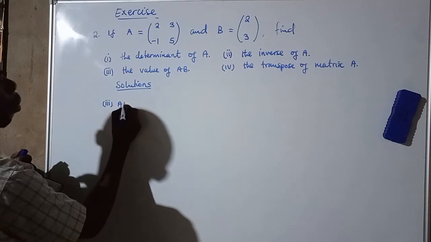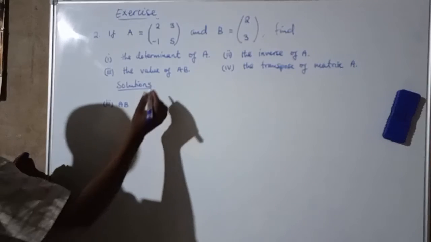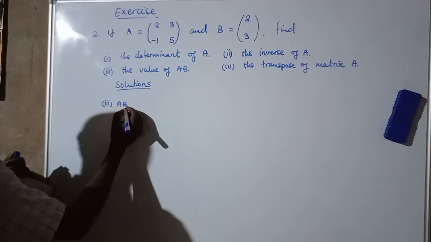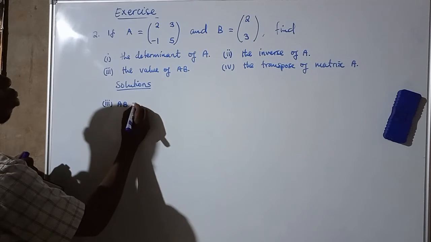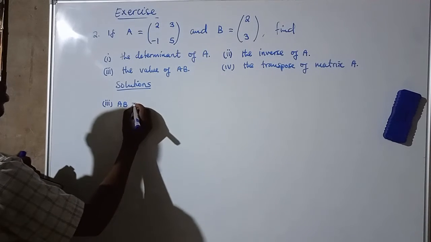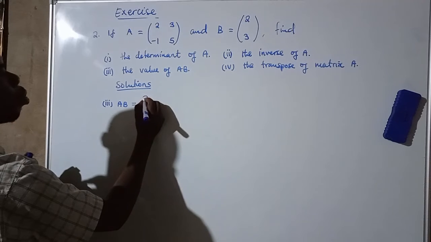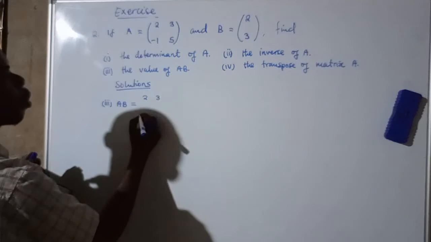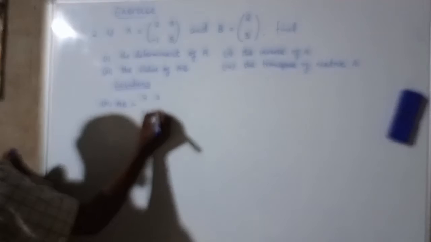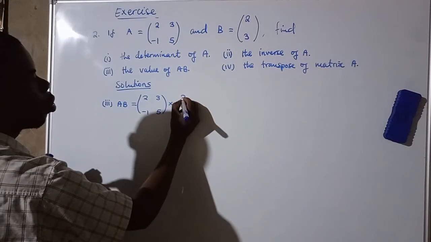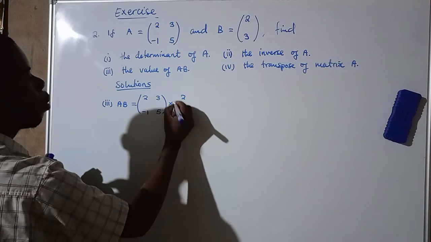So AB means we are multiplying matrix A and matrix B. So this one is equal to, matrix A is this one, we put 2, then 3, then negative 1, then 5, like that. Then we say times, then B, it is this one, 2 and 3.